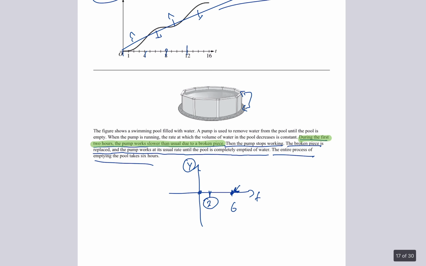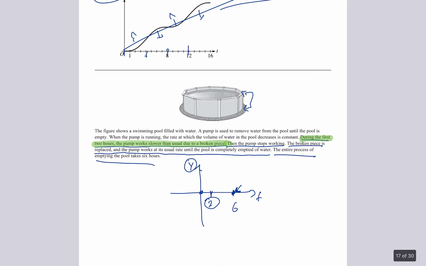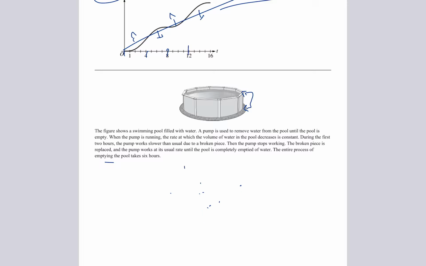We actually continue on with the question. They mentioned that the pump stops working, the broken piece is replaced, and the pump works at its usual rate until the pool is completely emptied out of water. So during the first 2 hours, I'm sorry, I forgot to mention that. Let me just erase this.